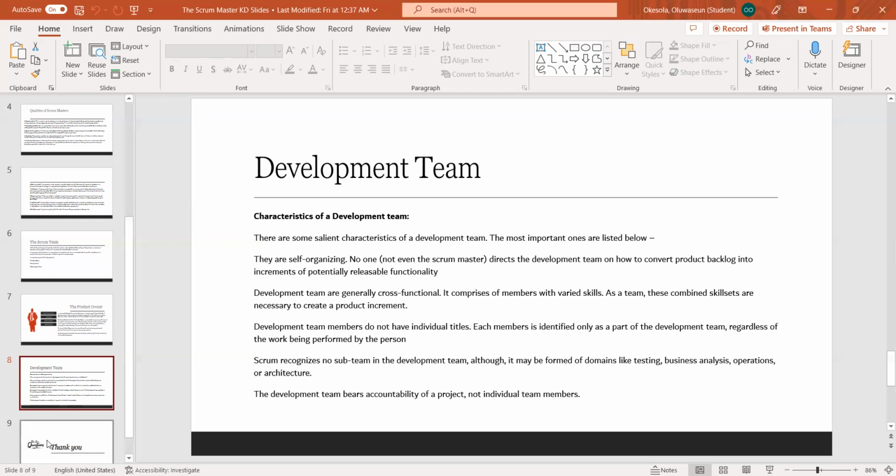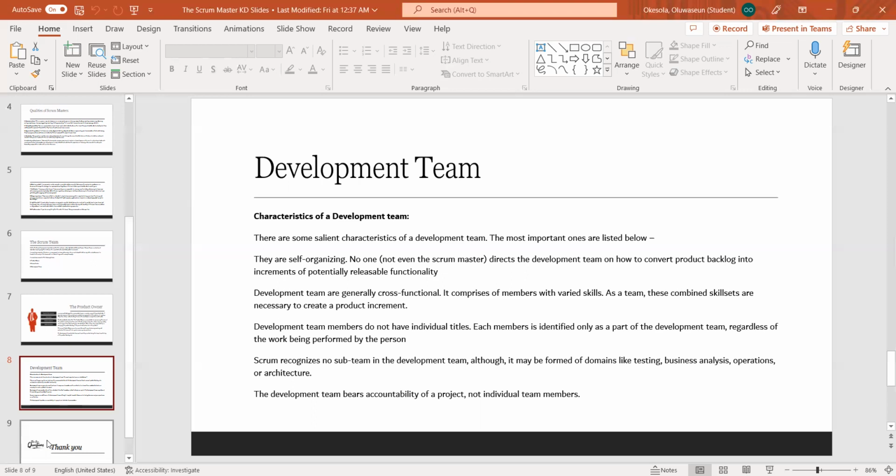So you don't say because this person is a product designer, he is not part of the development team. That's not true. According to the Scrum Guide, whoever they are, they are all part of the development team, right? As a team, these combined skill sets are necessary to create a product increment.